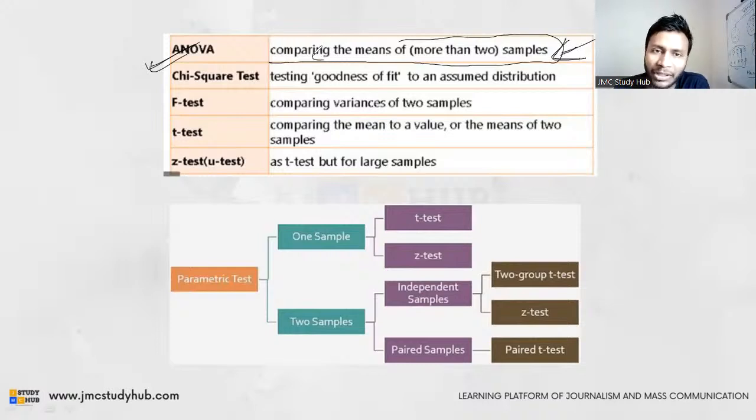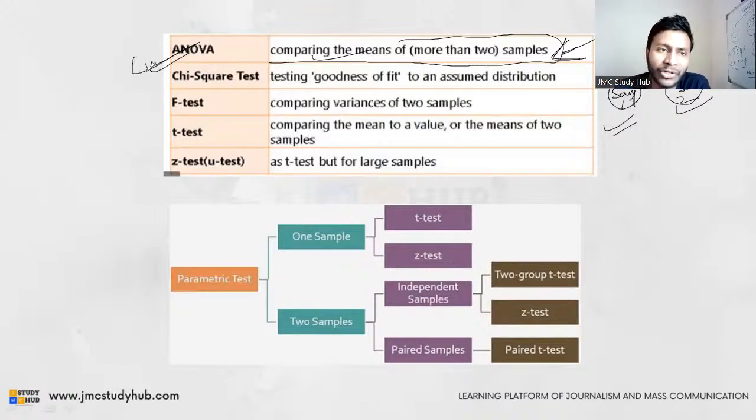So when you are comparing the means of two samples or more than two samples, there is one sample, another sample, okay, sample 1 and sample 2, right? There are two samples and you are comparing between these two samples or more than two samples. If you are comparing, then you will apply ANOVA. Okay, if your objective is to compare between the samples, then you are going to apply the ANOVA test.